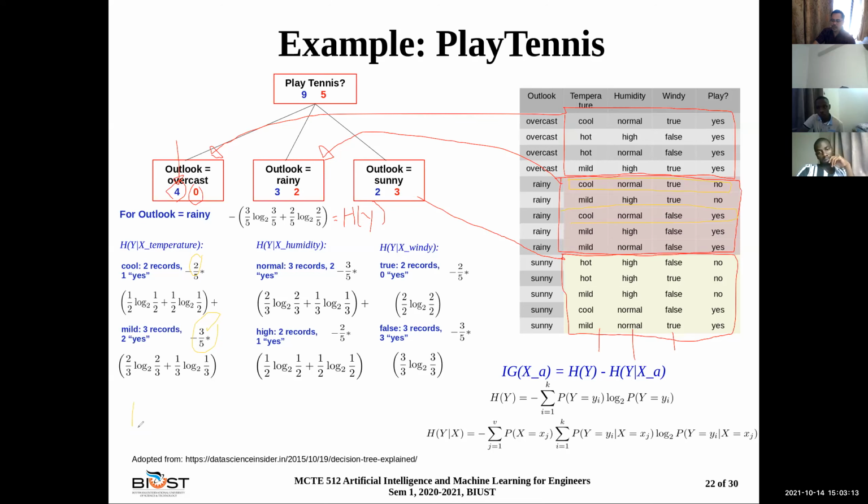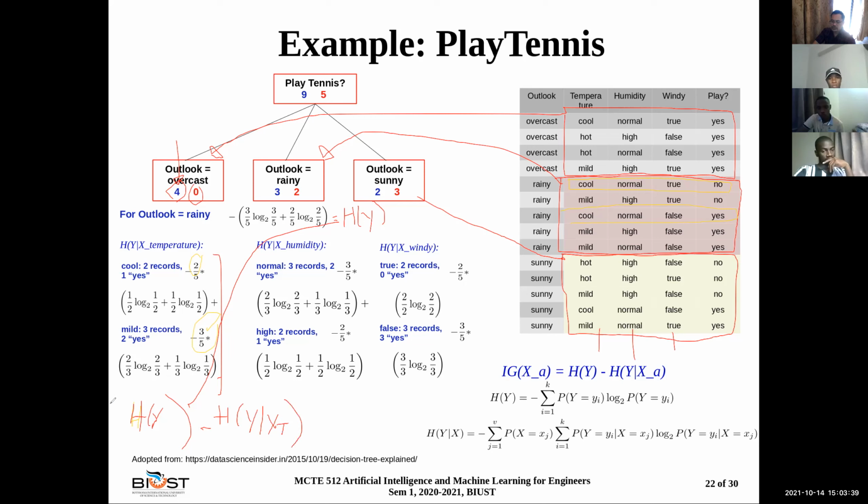So that means H of Y, this part, minus this part here, H of Y given X of temperature.